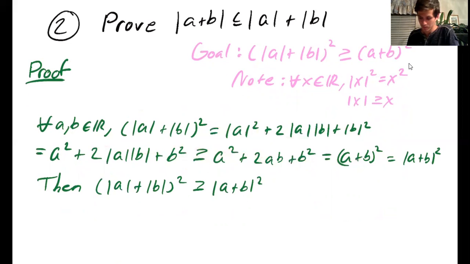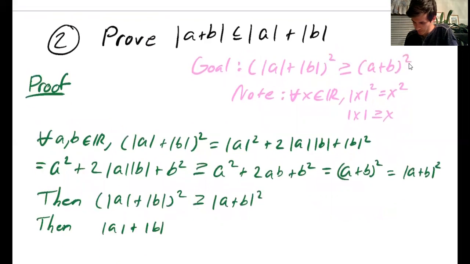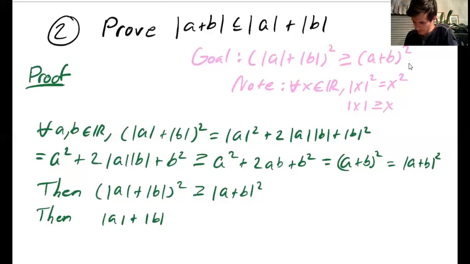This whole thing right here proves this part. Okay. And so then the absolute value of A plus the absolute value of B. And notice, by the way, our goal we already met right here. That was our goal. So we already met that. And it's not very far off from here. We just have to take those squares away on both sides.